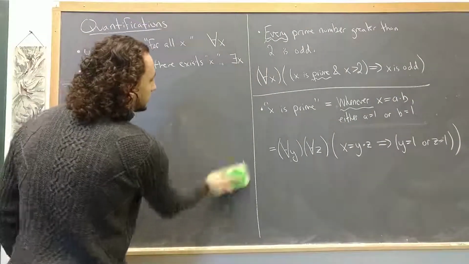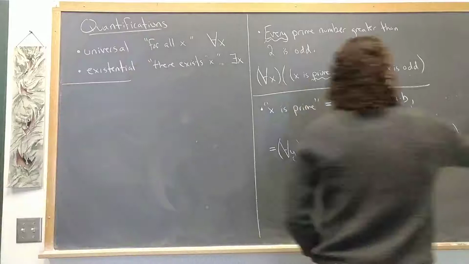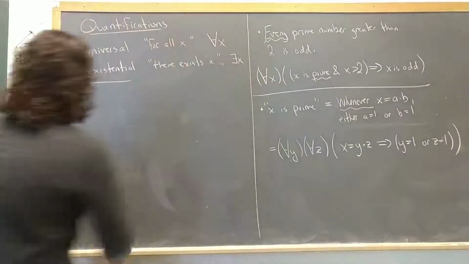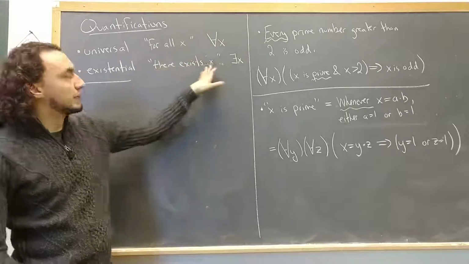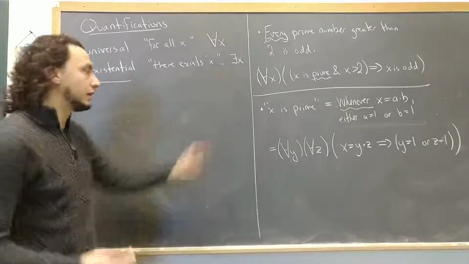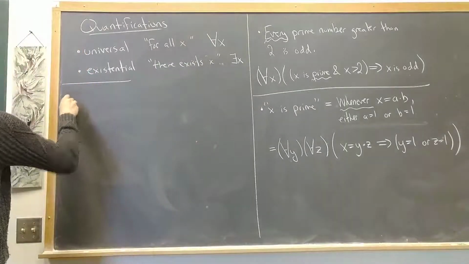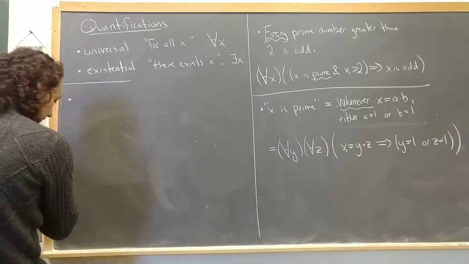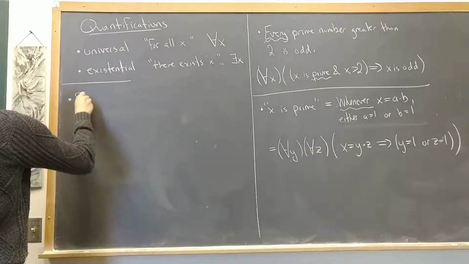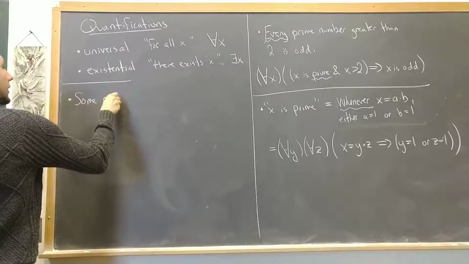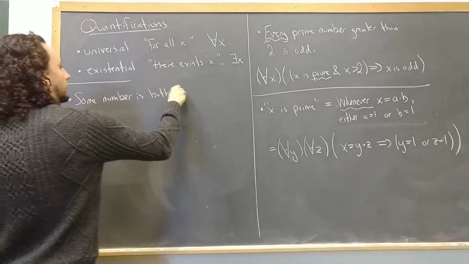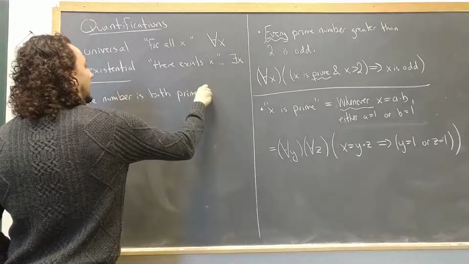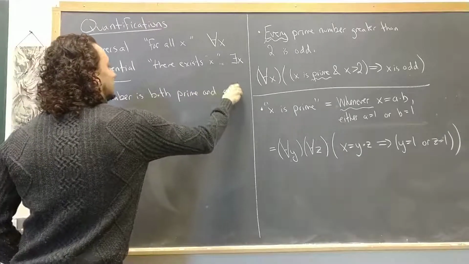Now all of these examples have involved universal quantification, and existential quantification is now just telling me not that all things have a property, but that at least one thing has that property, right? So I might have a sentence like, some number is both prime and even.